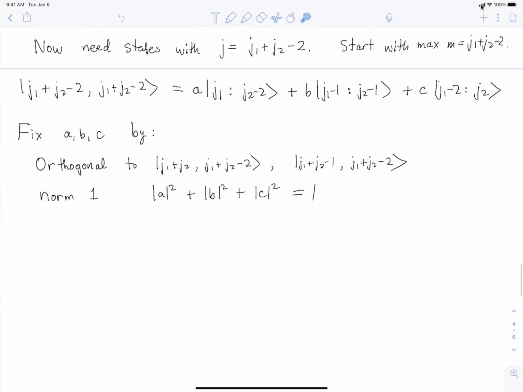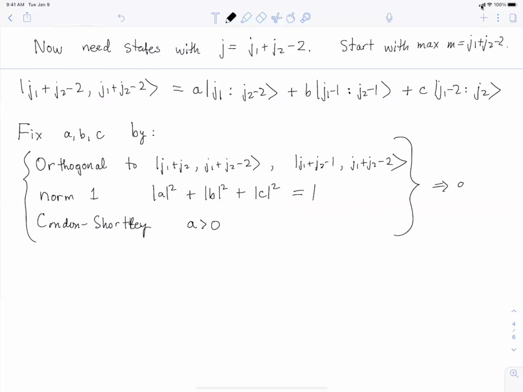And so once again, you appeal to the Condon-Shortley convention, which just says you choose A to be real and positive. Okay, and so those conditions put together will allow you to solve for A, B, and C uniquely.